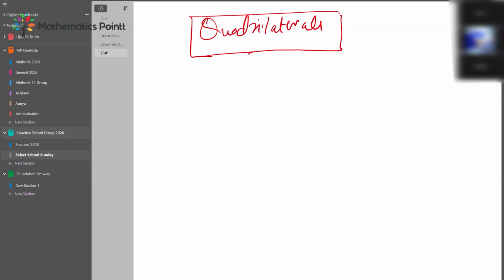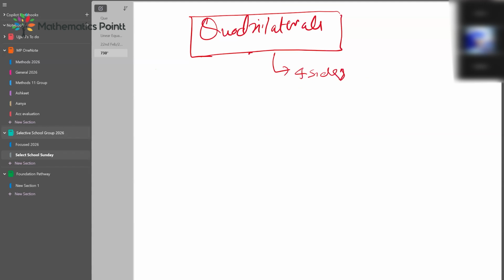Give me a few examples of quadrilaterals, please. It can be regular, irregular. Yeah, you're right. Square, rectangle, rhombus, parallelogram. They're all quadrilaterals. Good. So we've got four sides, right?